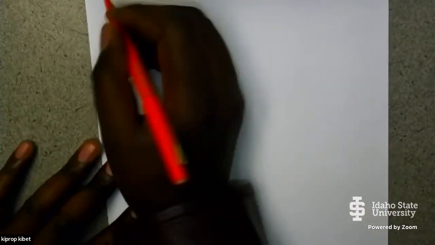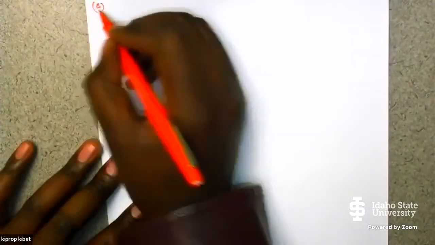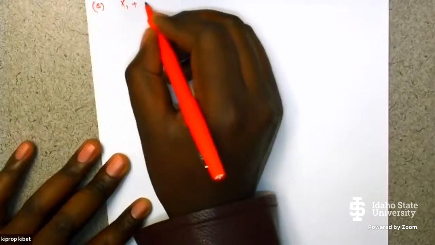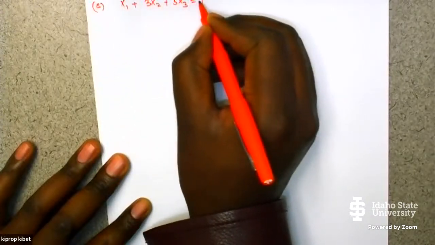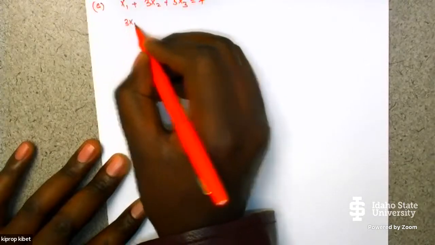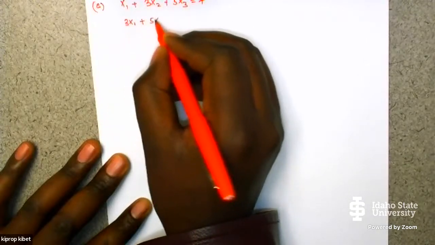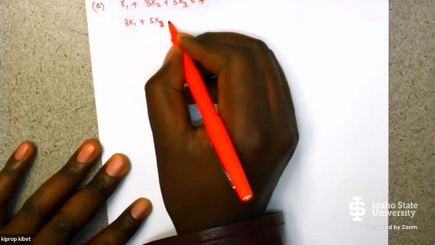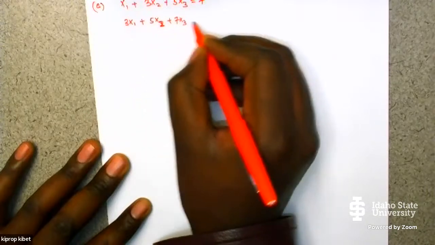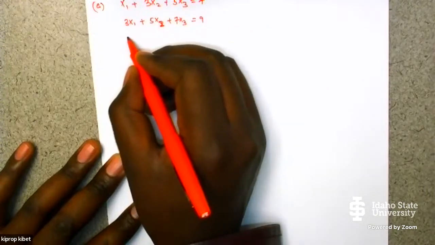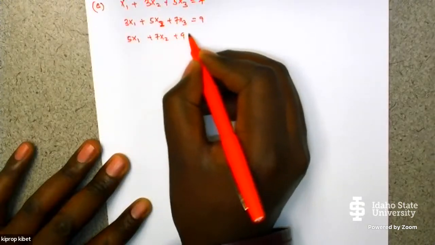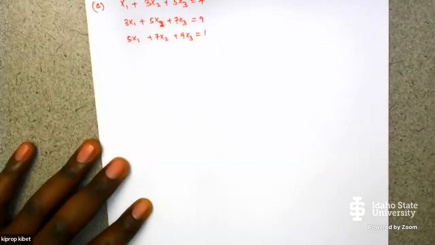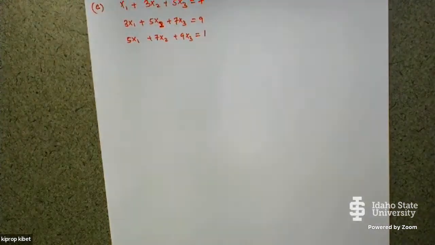Another example, number C. x1 plus 3x2 plus 5x3 equals 7. 3x1 plus 5x2 plus 7x3 equals 9. Then 5x1 plus 7x2 plus 9x3 equals 1.